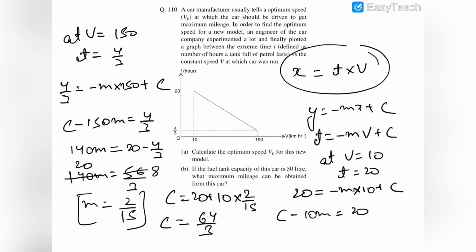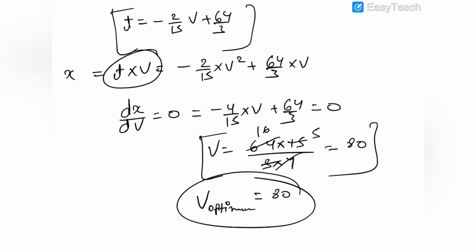And we have to find, if the fuel capacity of this car tank is 50 liters, what maximum mileage can be obtained from this car. So it is very simple, that mileage is the maximum distance driven, which is x max, upon the fuel in liters.